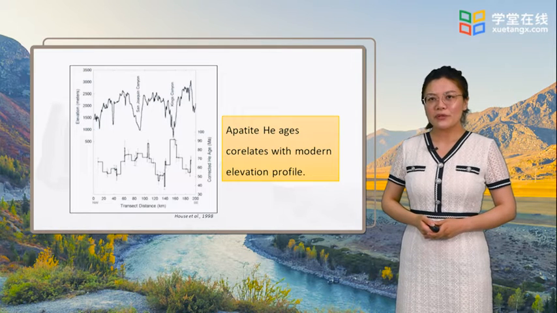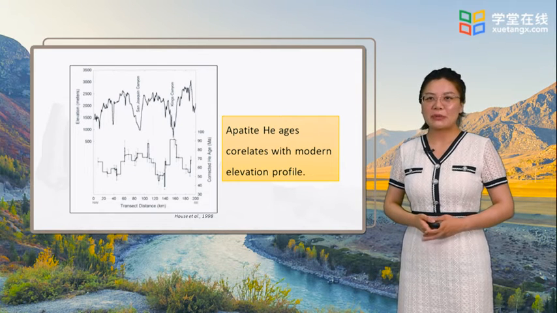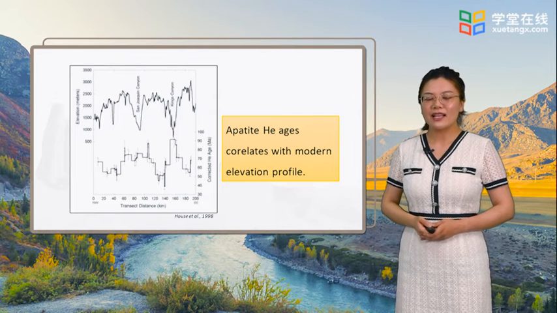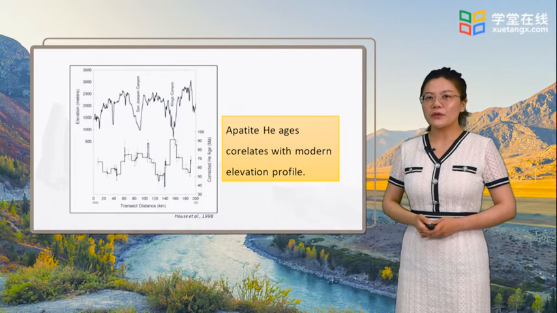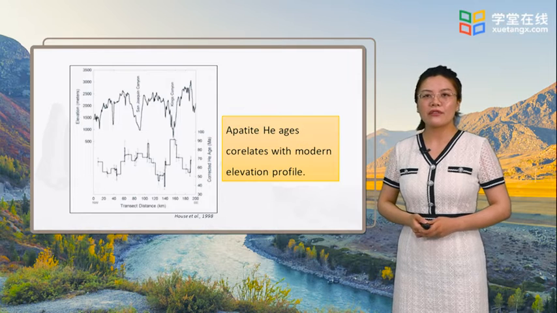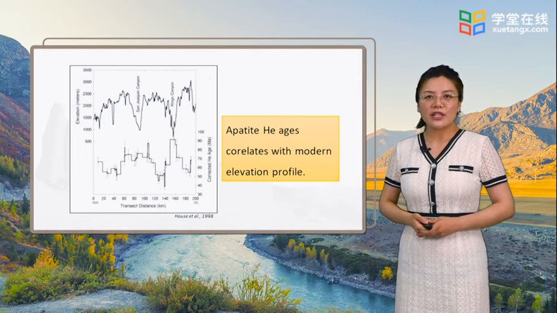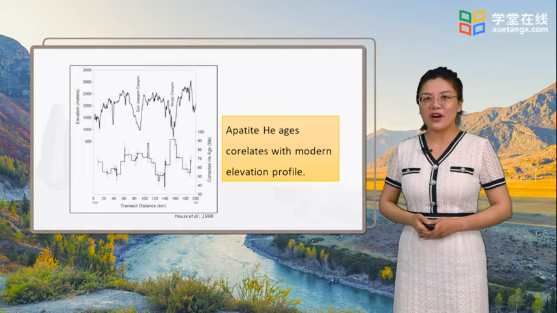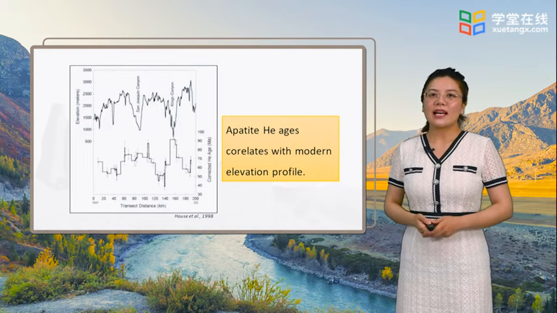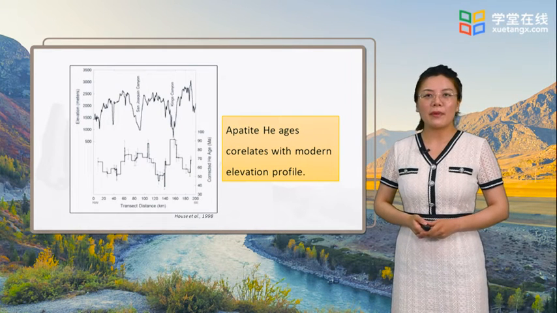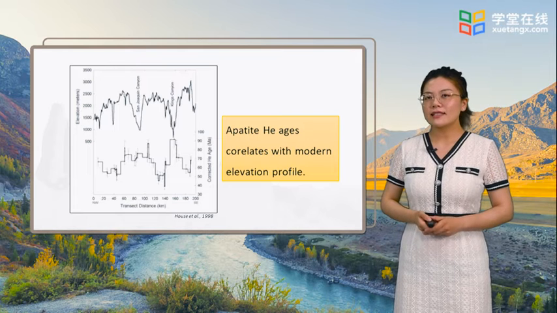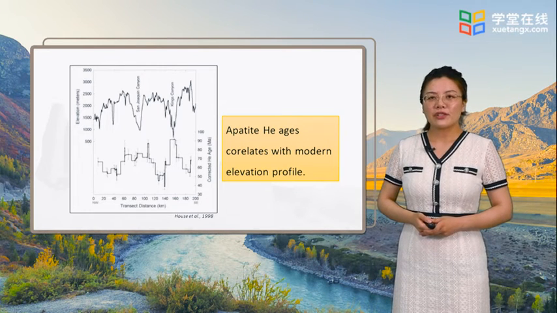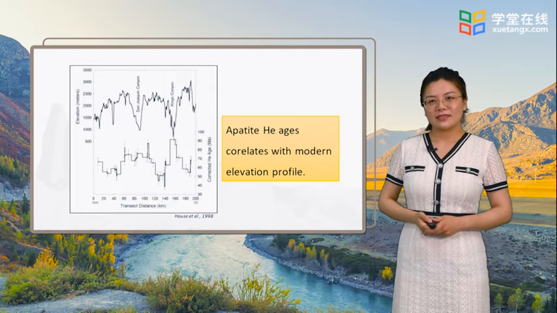The general correspondence between the location of deep and wide valleys and higher helium ages suggests that helium ages were influenced by the fluctuations of isotherms associated with paleocanyons located approximately where they are found today. This data suggests relief of about 3 kilometers at 75 million years, or a large mountain range by late Cretaceous time.